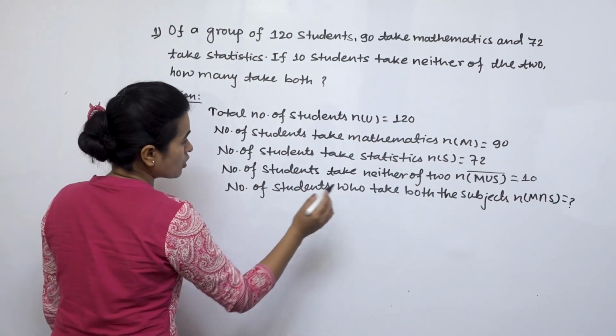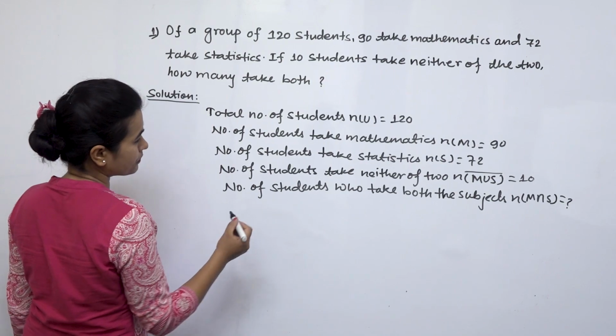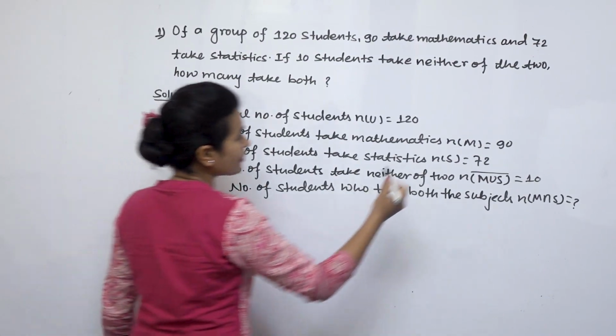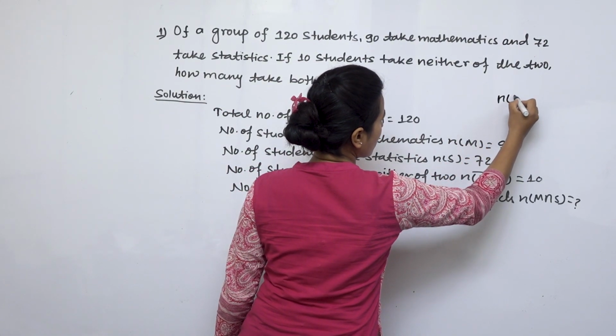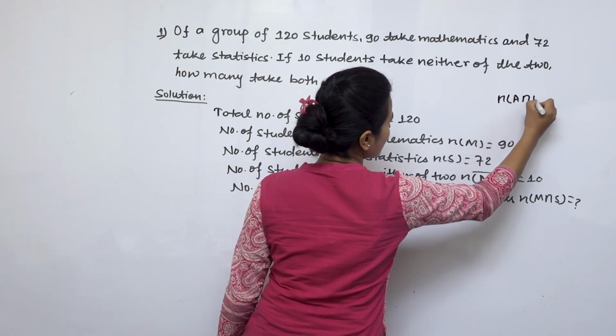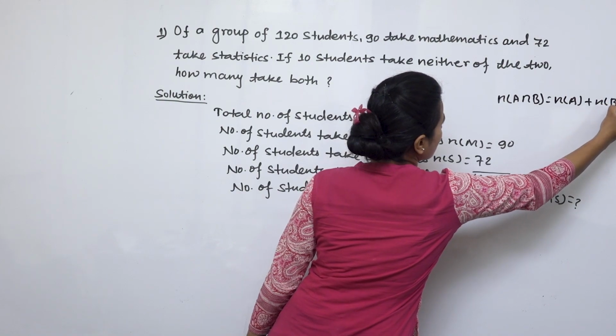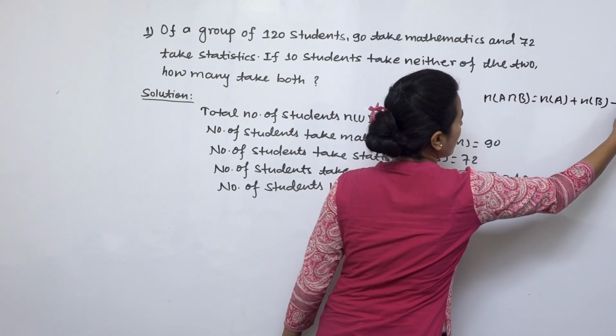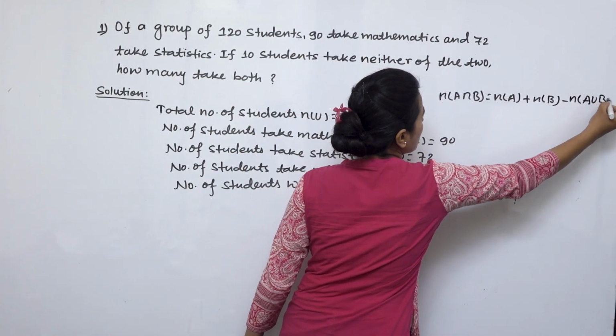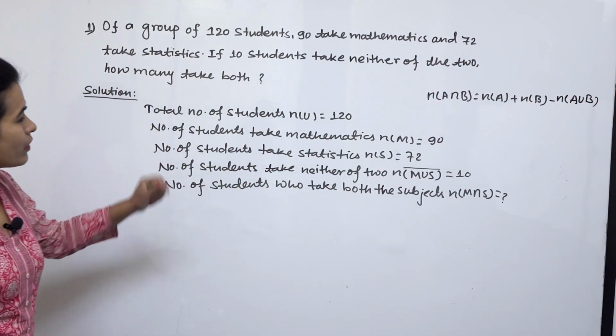To find the intersection, we have the formula: n(A intersection B) is n(A) plus n(B) minus n(A union B). So for that, first of all, we need A union B.